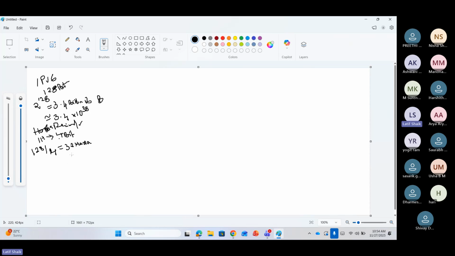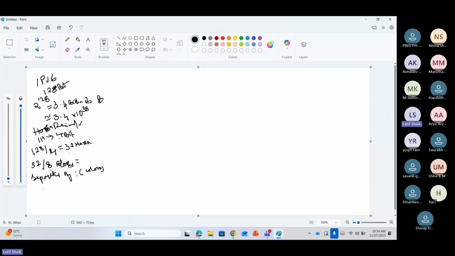These 32 hexa numbers are divided into 8 blocks, separated by colons.